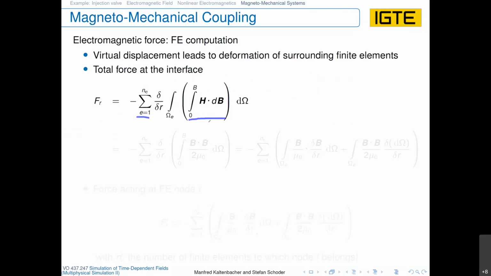We have to integrate H dot product dP from 0 to P, and then integrate over each finite element volume in order to get the magnetic energy corresponding to this element, and then take this variation with respect to the R direction to get the R component.